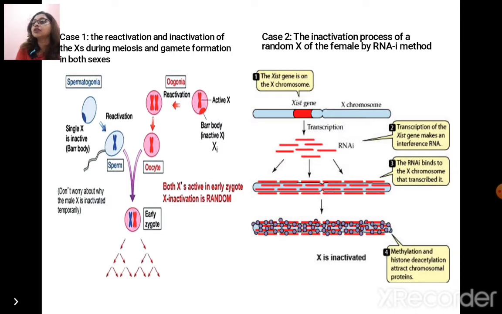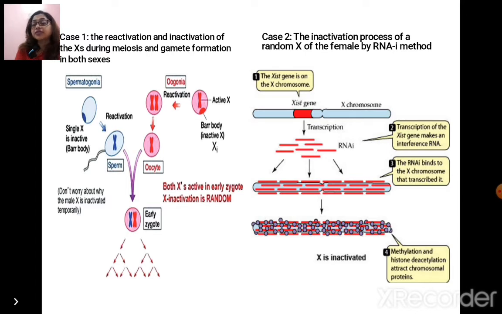Now it undergoes reactivation in the sperm because it needs to undergo fertilization. In the oogonia, we can see that there is reactivation, one active X and another bar body. Now, during oocyte formation, the chromosome number is halved because of meiosis, and the oocyte contains only one X chromosome.